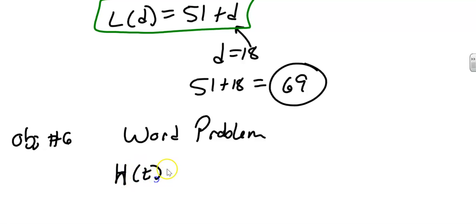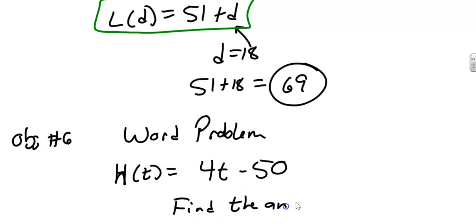h of t is equal to 4t minus 50. And work this thing out when t, they're not going to say this, but basically they're going to say this. Find the answer when t equals 50 hours.